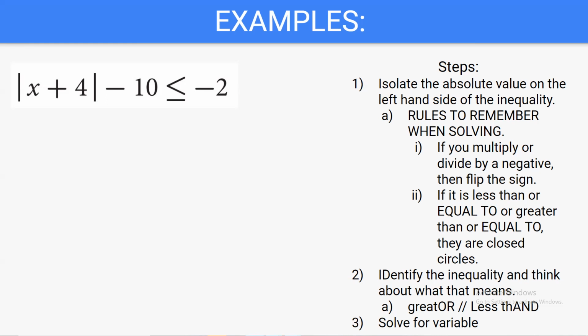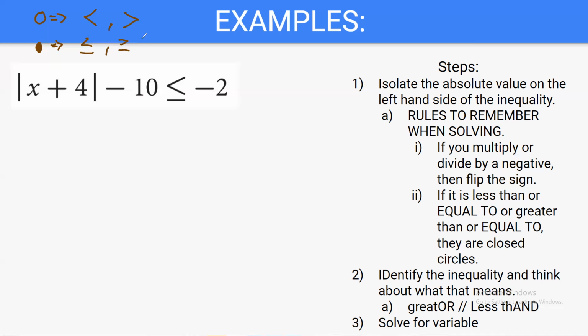The closed and open circles matter here, okay? Remember, if it's open, then it's going to be less than or greater than. If it's closed, that means that it's less than or equal to or greater than or equal to because you're equaling that number. Okay? And then we'll talk about 2 and 3 in a little bit.